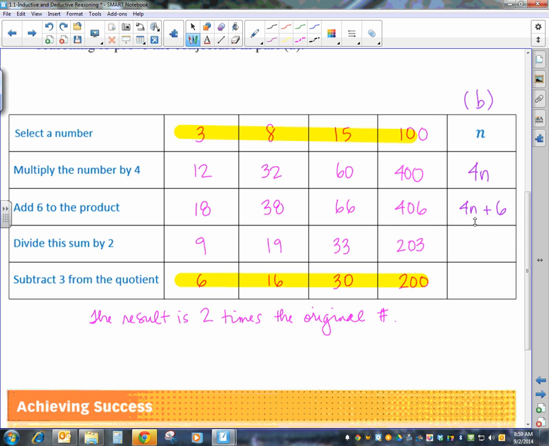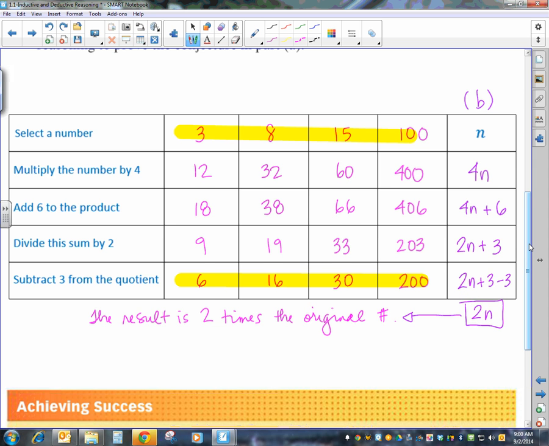If we divide that by 2, that means divide this by 2. Divide that by 2. And then subtract 3 from this. So if I have 2n plus 3 minus 3, I'm going to end up with 2n. And 2n is exactly what we just said we got right there. So we showed that we got twice our original number.